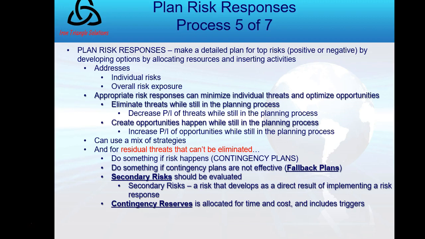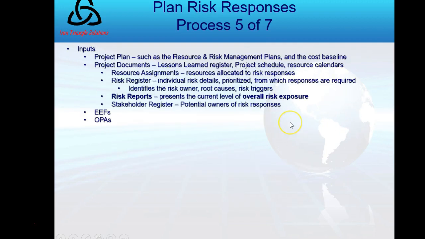We call that a fallback plan. Secondary risks should be evaluated. Those are risks that develop as a direct result of implementing a risk response. And then contingency reserve, which is allocating time and cost, and we should be aware of the triggers.